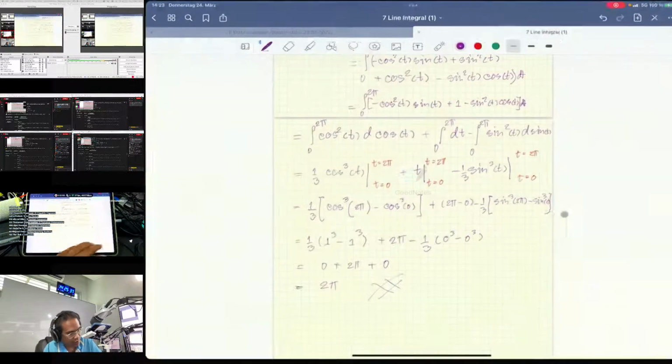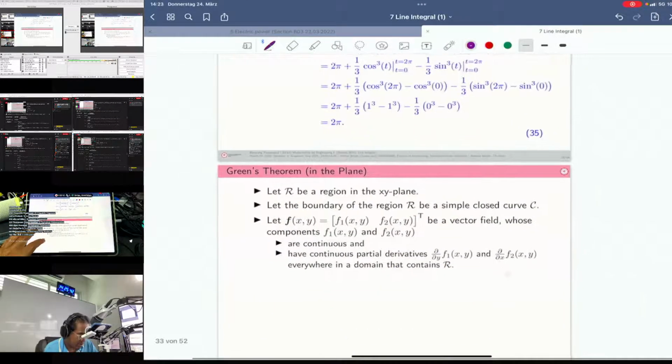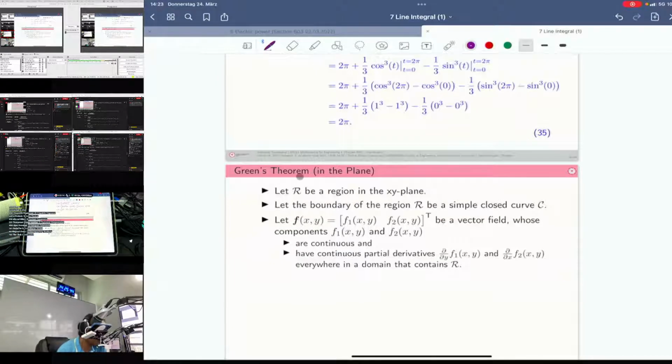Let's move to the last topic in this chapter. It's the Green Theorem, right? The theorem by Green in the plane.